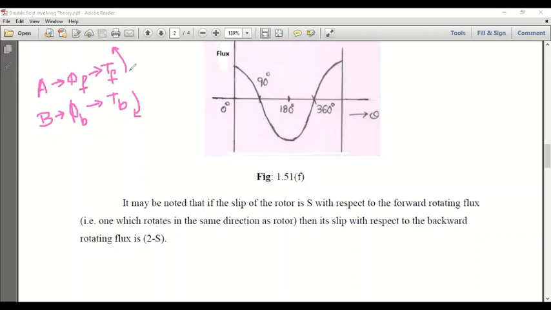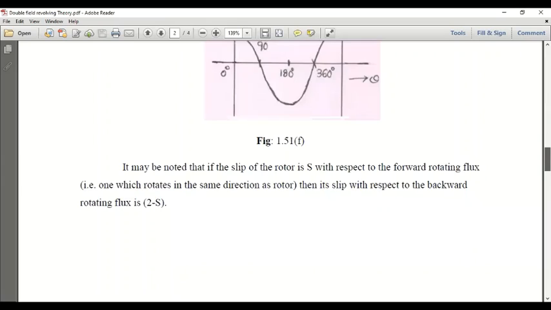The two vectors again are in opposite direction. As we have seen, two vectors opposite to each other give a resultant torque Tr equal to 0. This is the concept behind it. I will show how the resultant torque is 0.